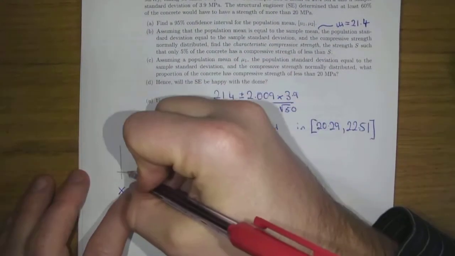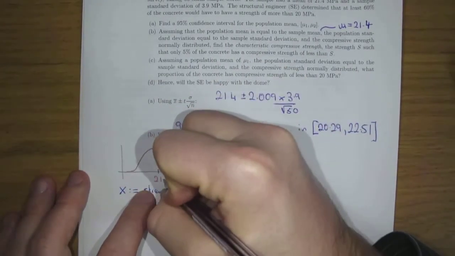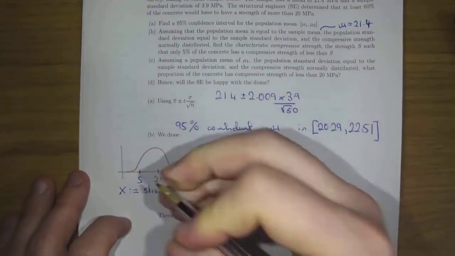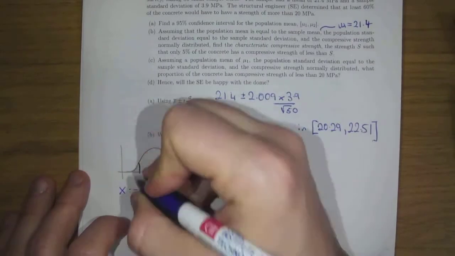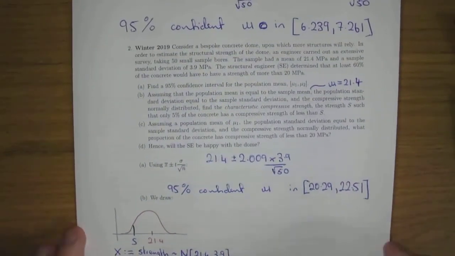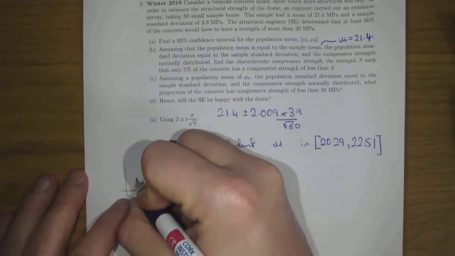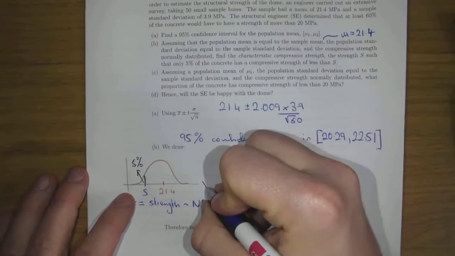This is going back to the previous section. So the average is 21.4. We're trying to find the value S such that, what does it say? Only 5% of the concrete has a compressive strength less than this. So we're looking for a value of S such that there's 5% in here.